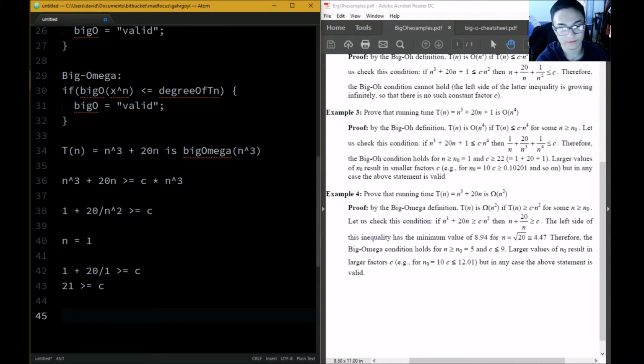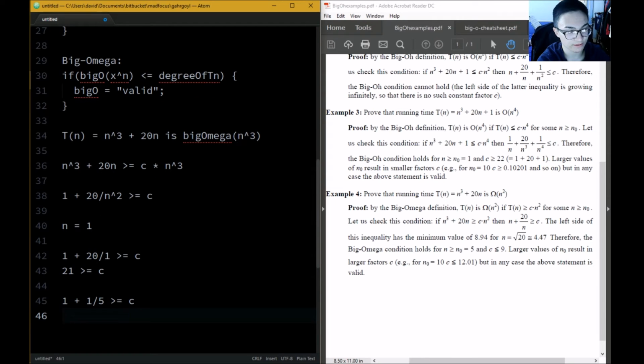So then if you plugged in 10, we'd have 1 plus 20 over 100, which is 2 over 10, which is 1 over 5. So we'd have 1 and a fifth greater than or equal to c.